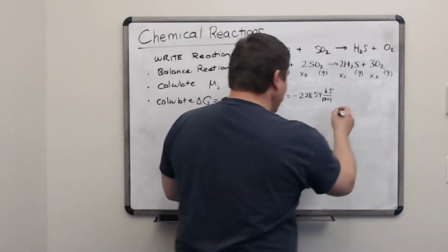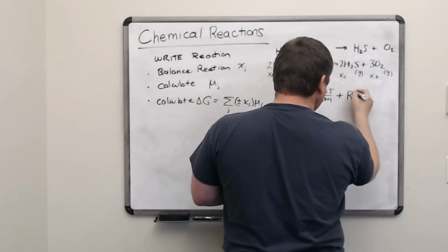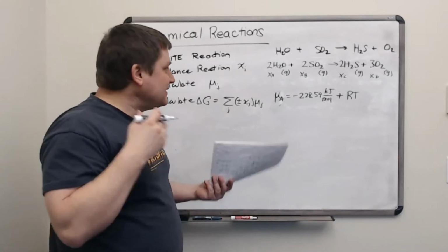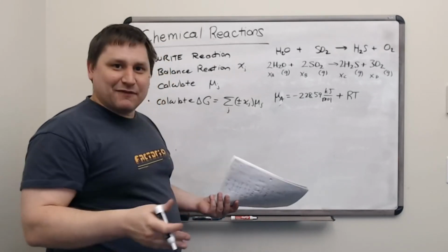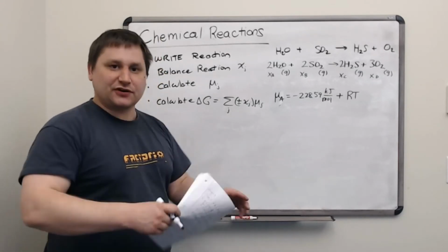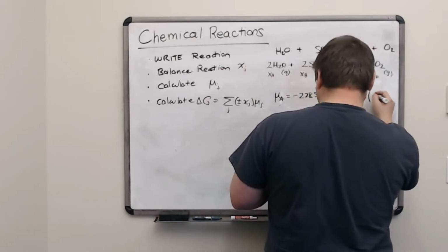I'm going to allow the pressures of this substance to be different. Having every single gaseous component at 1 atmosphere of partial pressure is a little bit artificial. It's reasonable that they're all at the same temperature, but having them all at the same pressure is kind of artificial.